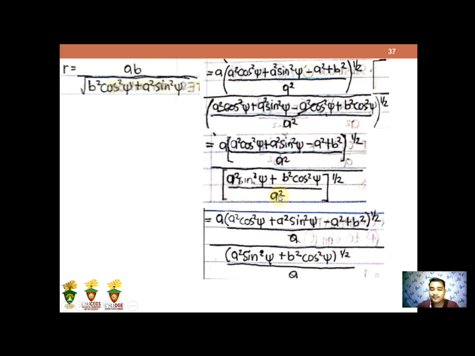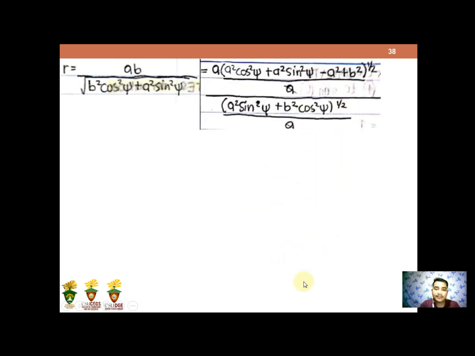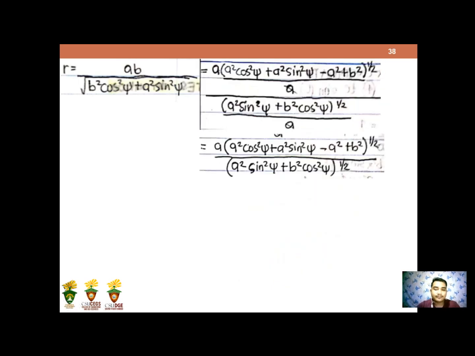And since the square root of a squared is a, this a cancels. What happens is, for the numerator, we have a times a squared cosine squared geocentric latitude plus a squared sine squared geocentric latitude minus a squared plus b squared raised to the power of 1/2. For the denominator, we have a squared sine squared geocentric latitude plus b squared cosine squared geocentric latitude raised to the power of 1/2.